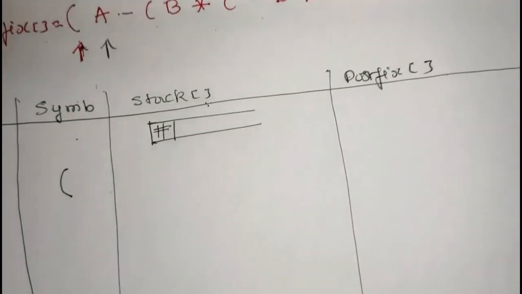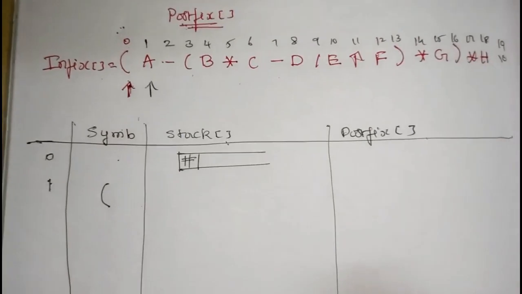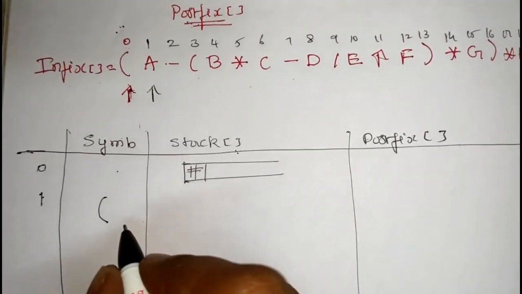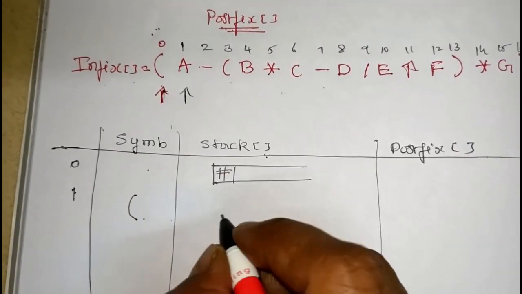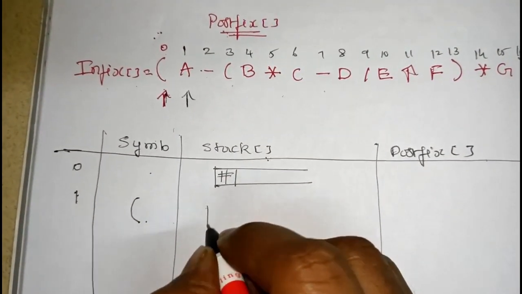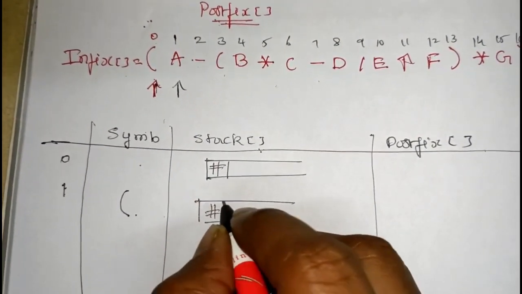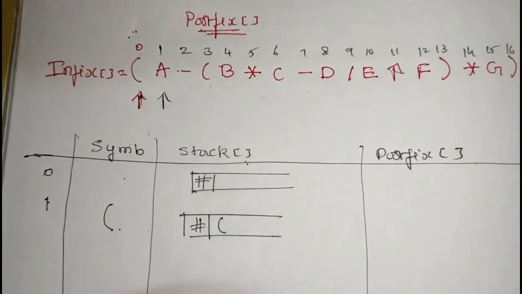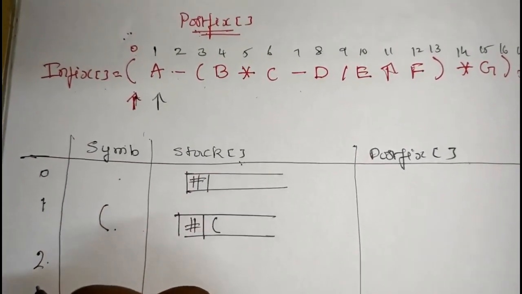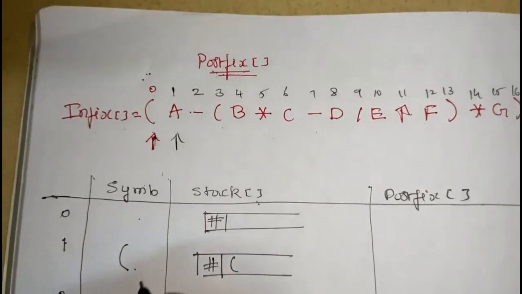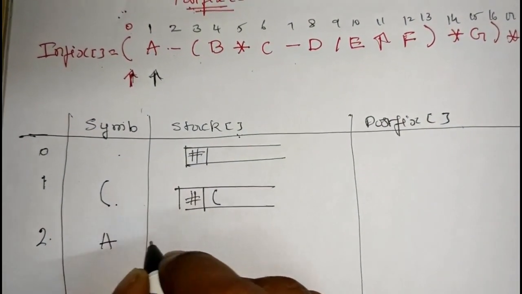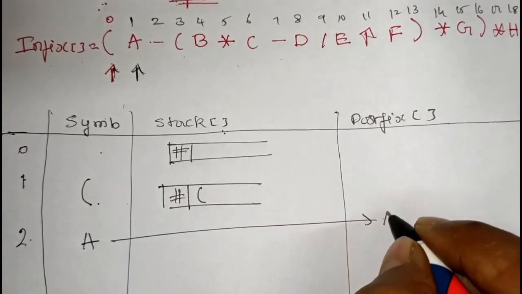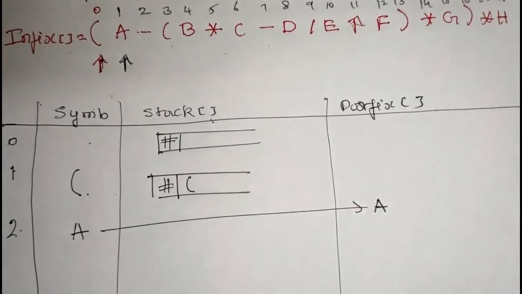Now, coming back to our symbol. First we encountered an open parenthesis. As per the rule, we directly push it into the stack. Next is A. The moment we see A, we directly store it in postfix.